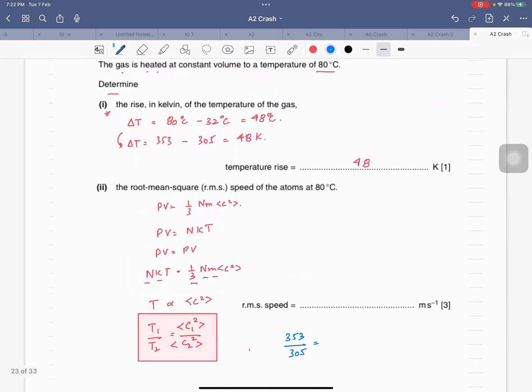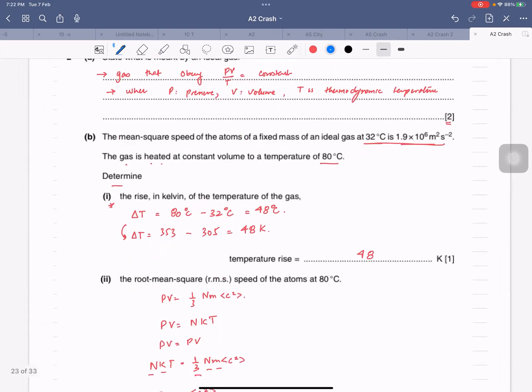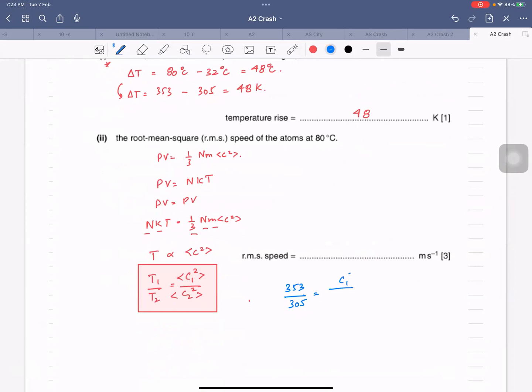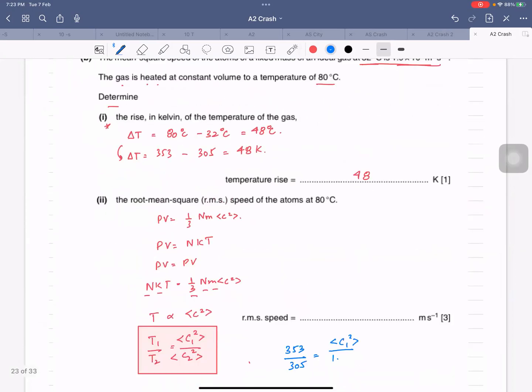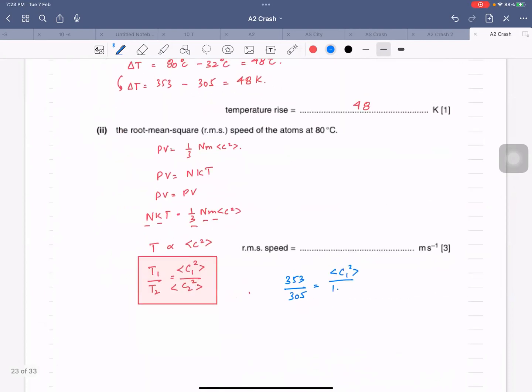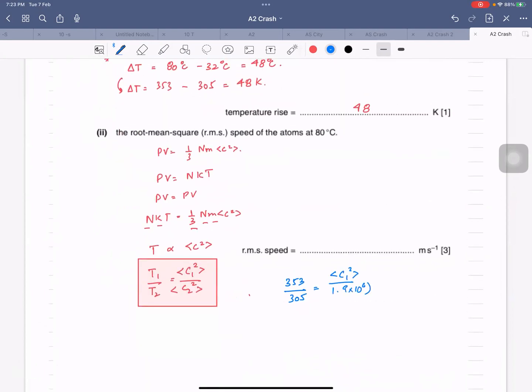At that time, the speed was 1.9 times 10 raised to the 6. We want to find this C1 squared, so we take 1.9 times 10 raised to the power 6, and take the whole square. Can you please find the C of this C1? RMS speed, please.